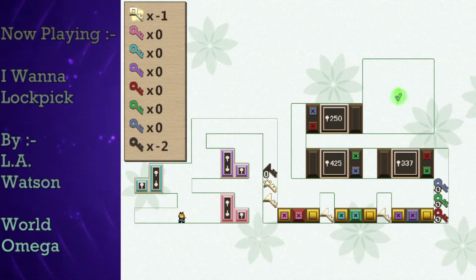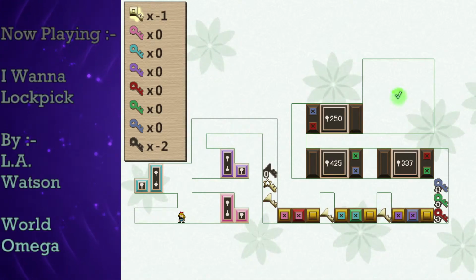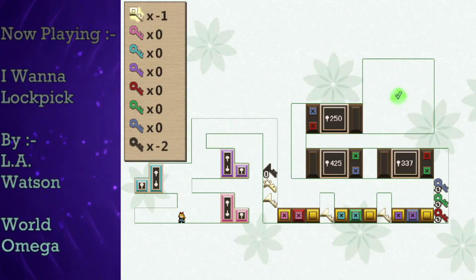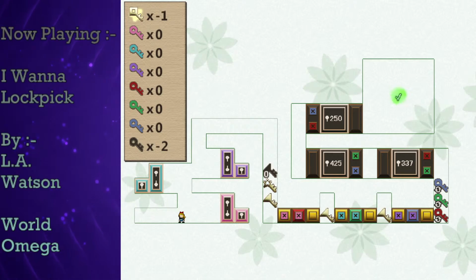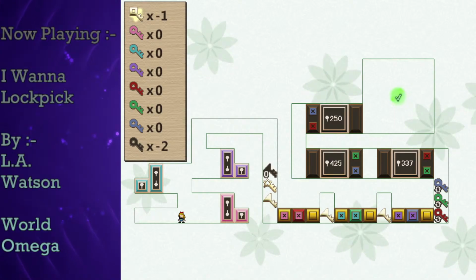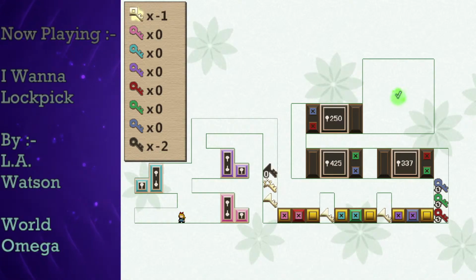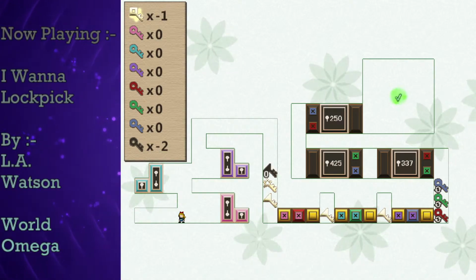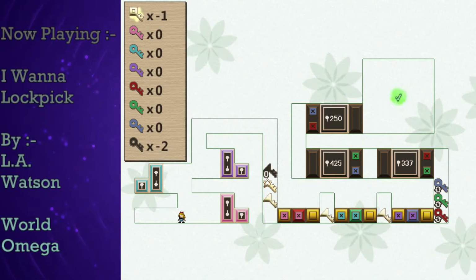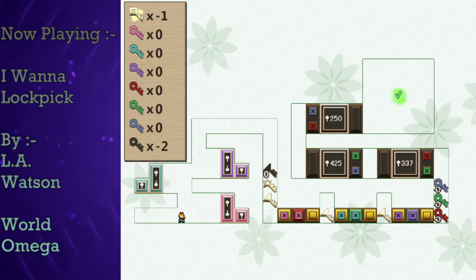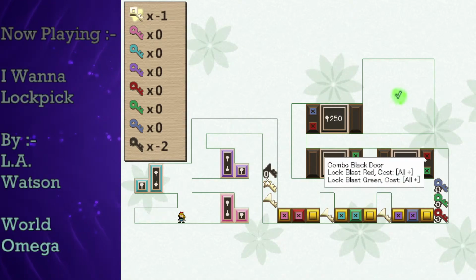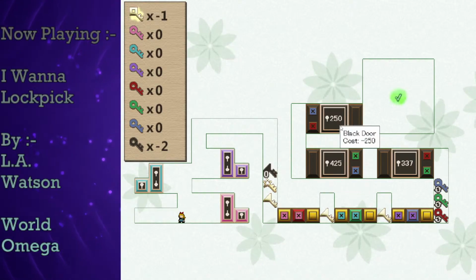Okay, so what I'm getting is obviously three equations: x plus y is equal to 337, y plus z is equal to 425, and z plus x is equal to 250.